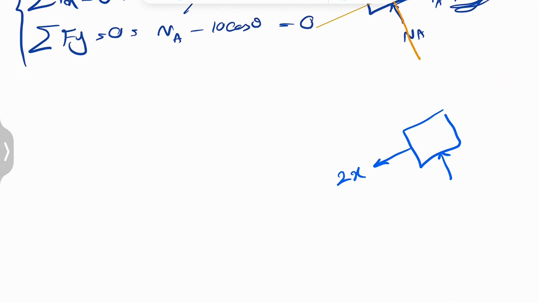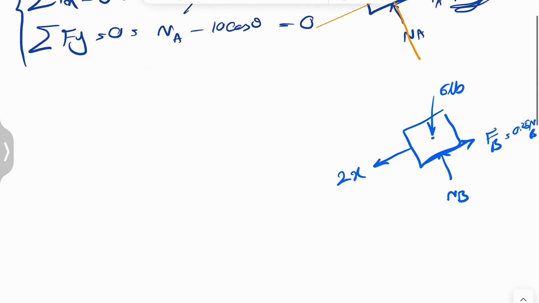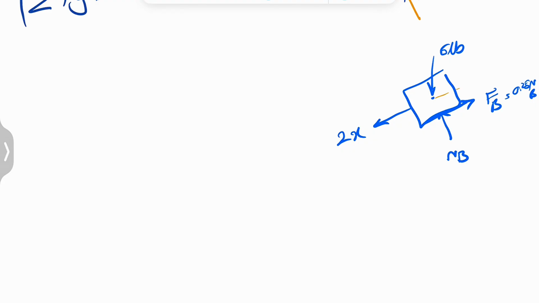We're going to have the normal force NB, and obviously we have the weight, this time 6 pounds, and friction again opposite of the movement, which is 0.25 NB. The coefficient for B is 0.25, and we're going to define the same X and Y, with the same angle theta.